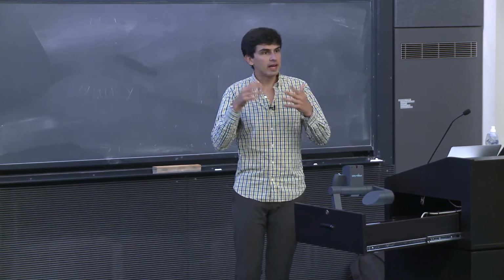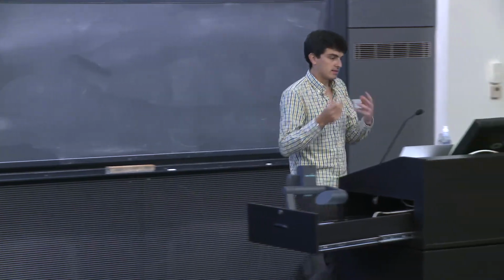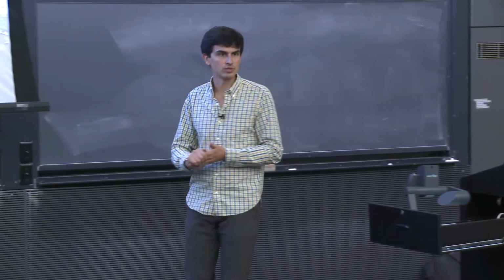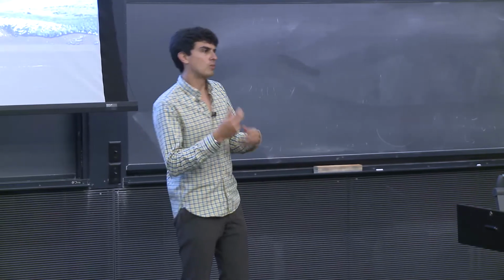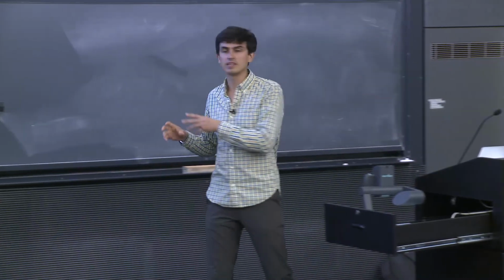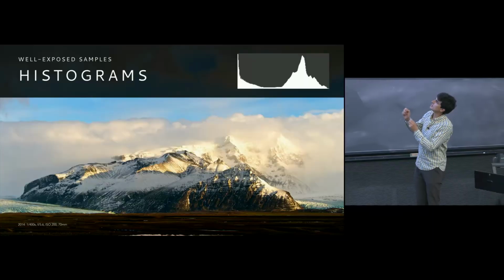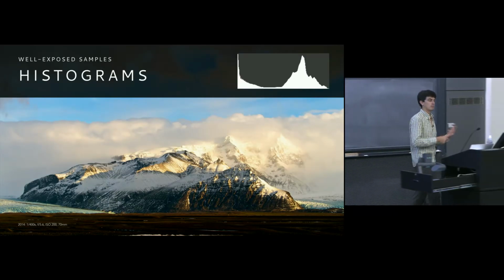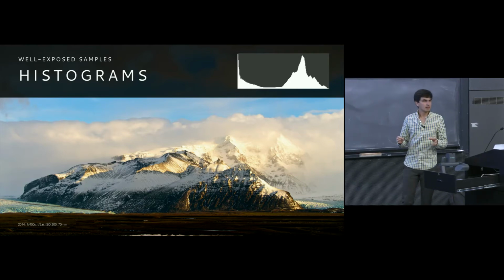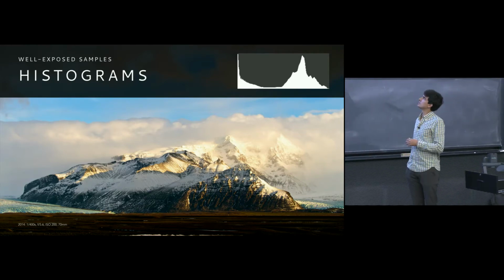And as a result, we'll have these spikes in our histogram in either the low or the high regions that represent these particular tones. And this can kind of throw off our mental calculation of whether or not our image is properly exposed. So all of these histograms are in fact representative of the images that are being shown, but we can see that even though these images are arguably properly exposed, the histograms differ a great deal. They're actually very different from one image to the next.